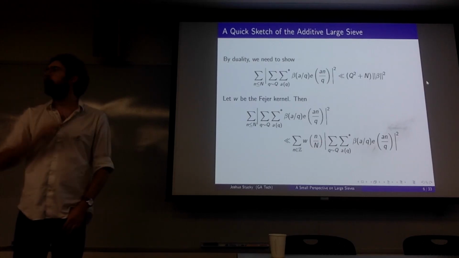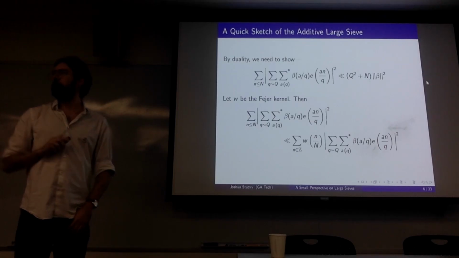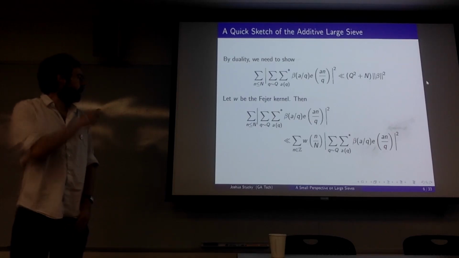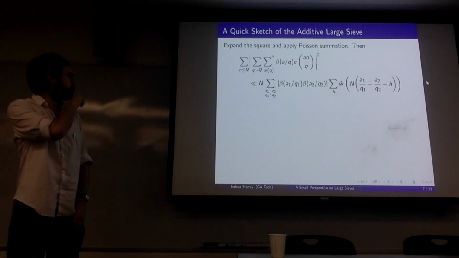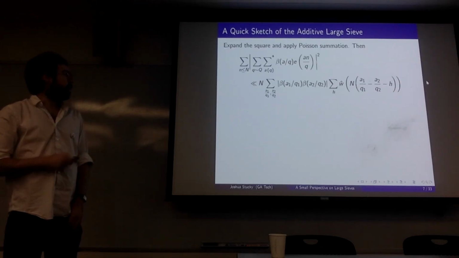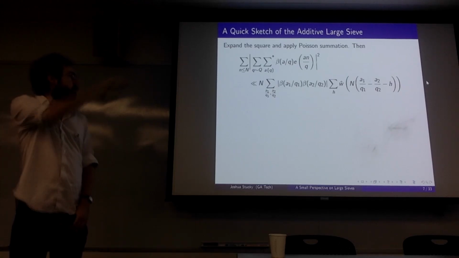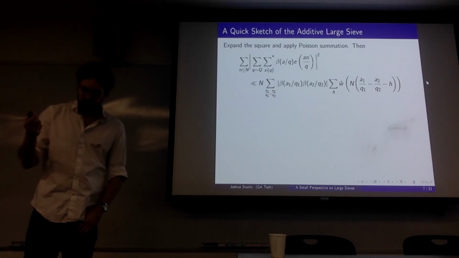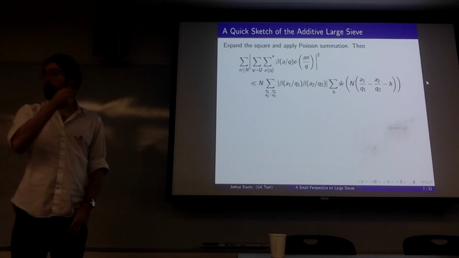I'm not going to care about implied constants in this talk. That's a little bit too much for the context of what I'm talking about, but in any case, we'll ignore implied constants. Okay, expand the square and execute Poisson summation. If we do that, we get the Fourier transform, and the real great thing about the Fourier kernel is that its Fourier transform is compactly supported, in particular on -1 to 1.